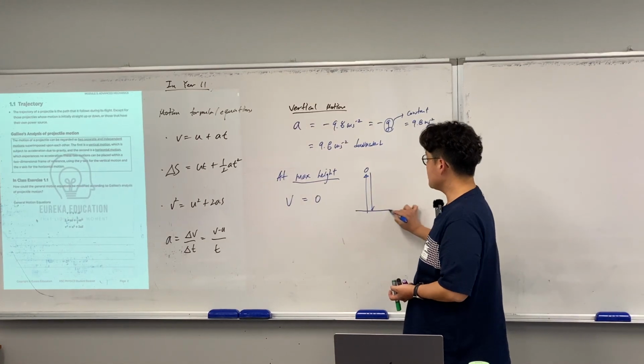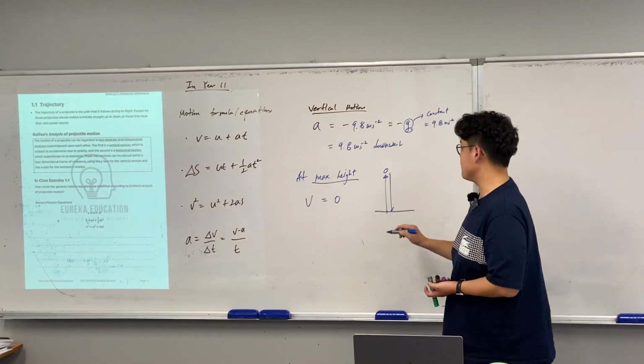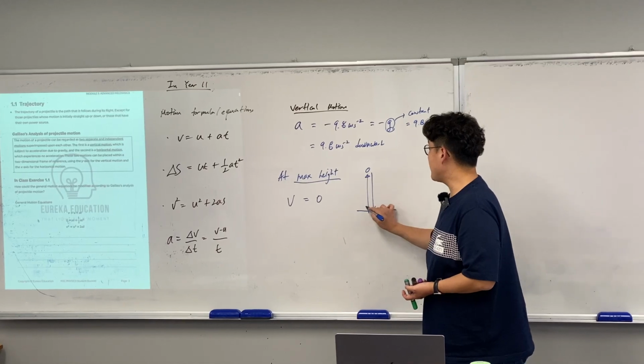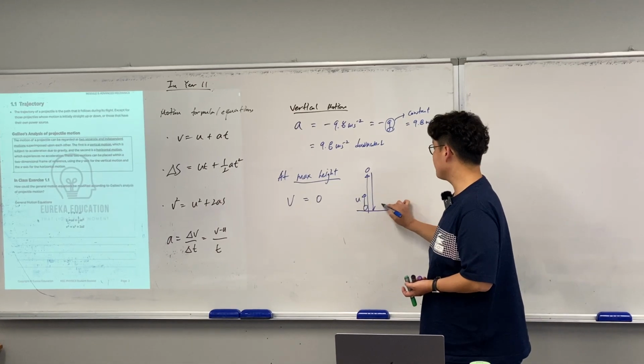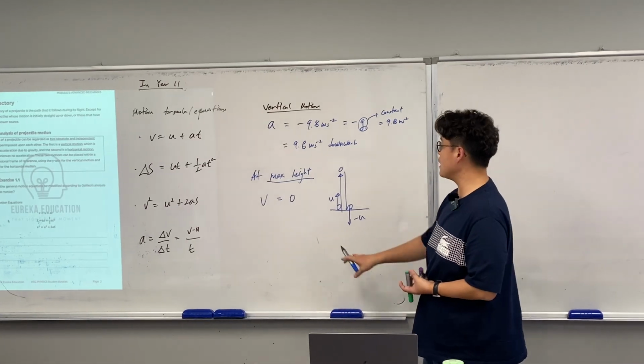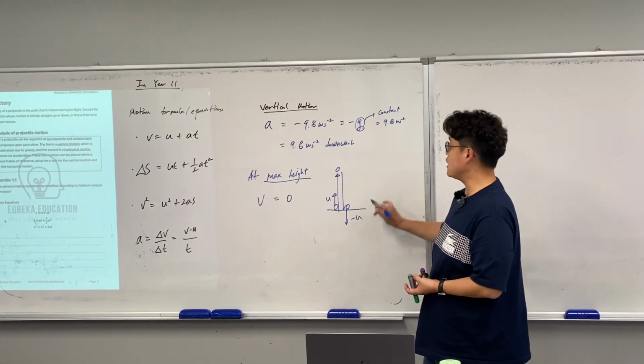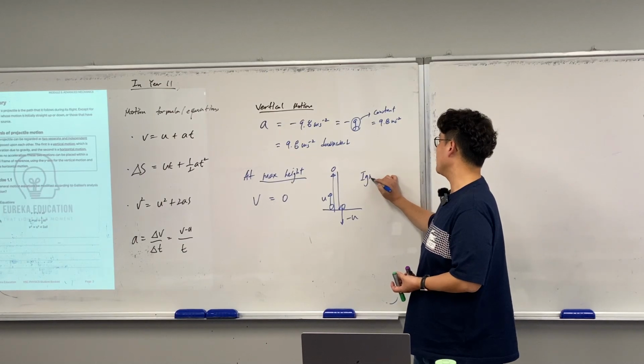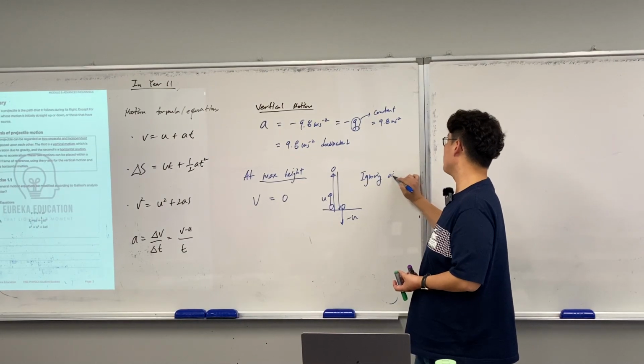Generally, when we start from the same height, when it comes back to u, it comes down with minus u in the same magnitude as well. This is the third assumption, which holds if we ignore air resistance.